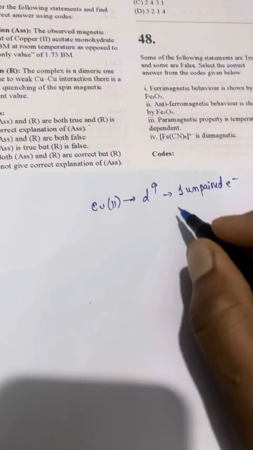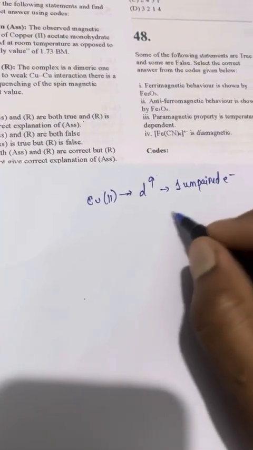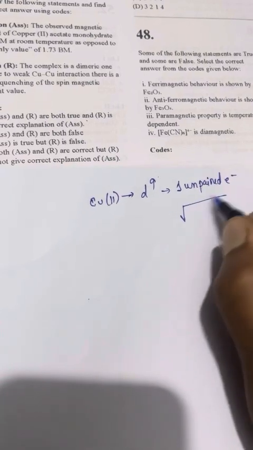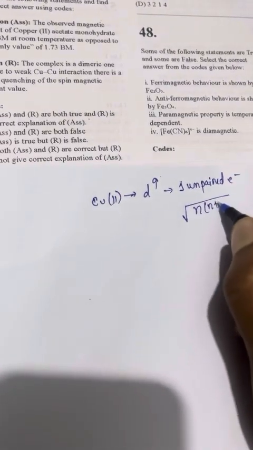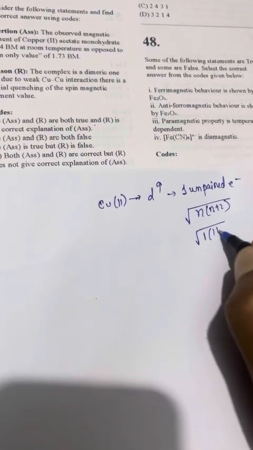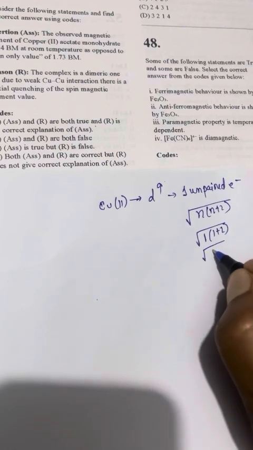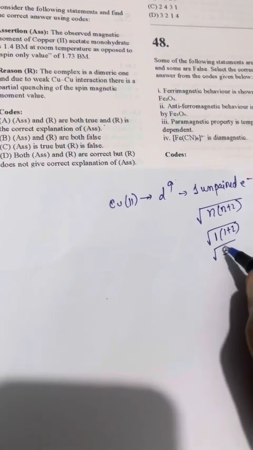As in the last video we have seen the trick. If we calculate in this way, n(n+2), for 1 it may be easy, right? 1 times 3 is 3.